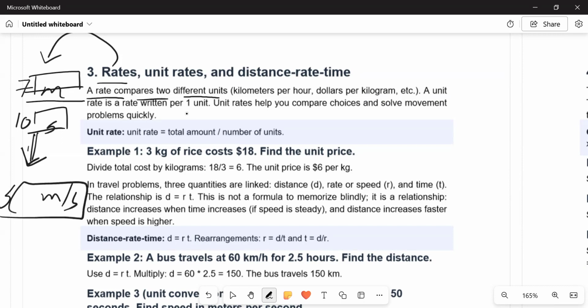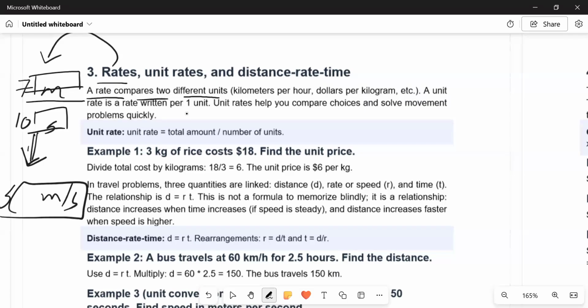I confused you a bit, so let me just explain it again. Rates mean we are comparing two different units. In this case, I have in the numerator 7 meters and the denominator is 10 seconds. When I divide, the value that I get is 0.7, which means 0.7 meters traveled per second.